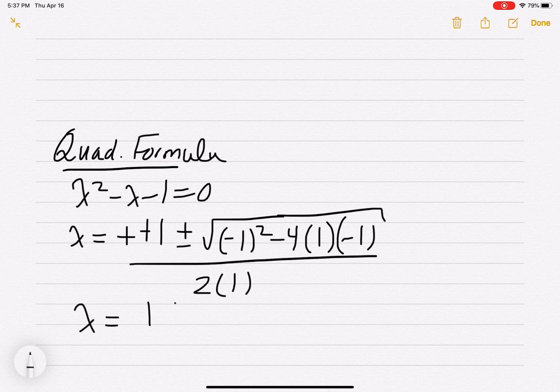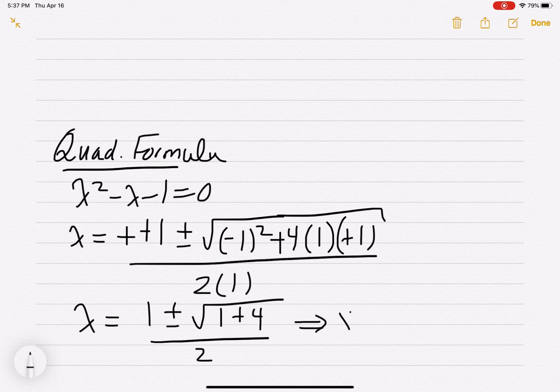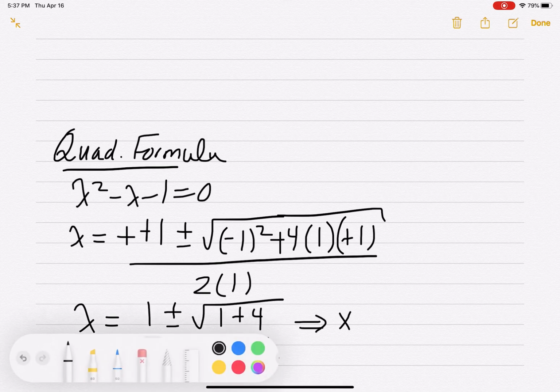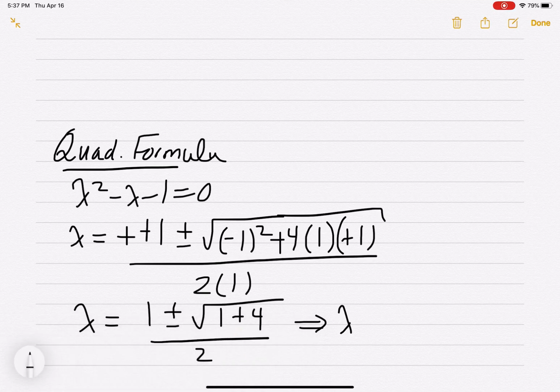So we're going to have 1 plus or minus the square root of 1 plus 4, and on the bottom we're going to get 2. So that implies that lambda, that's not an x, that's a lambda, equals 1 plus or minus the square root of 5 over 2.